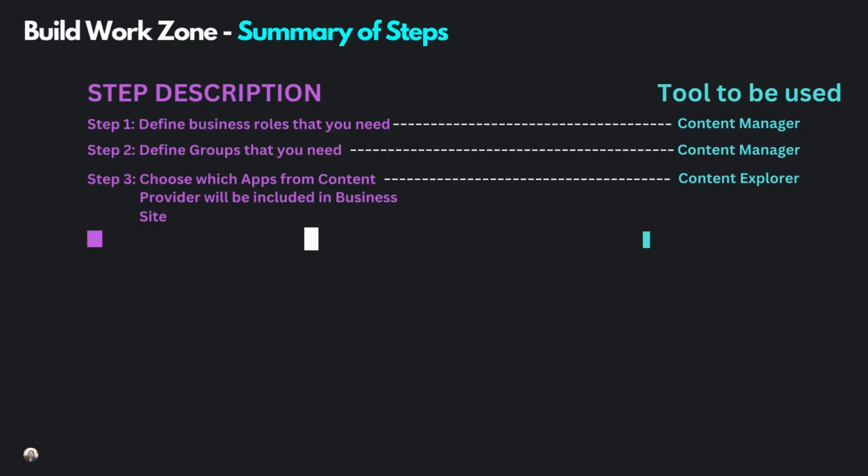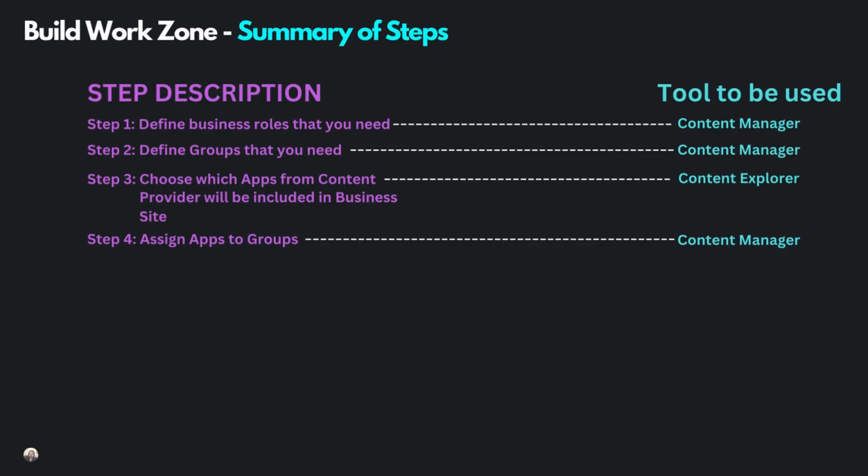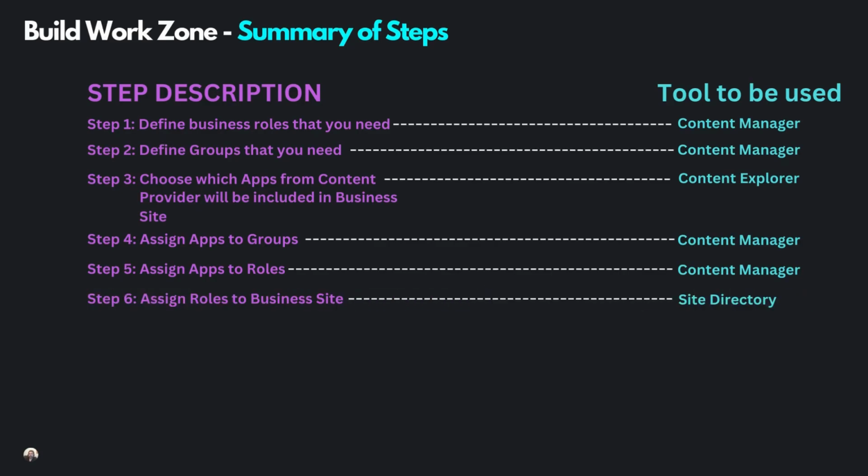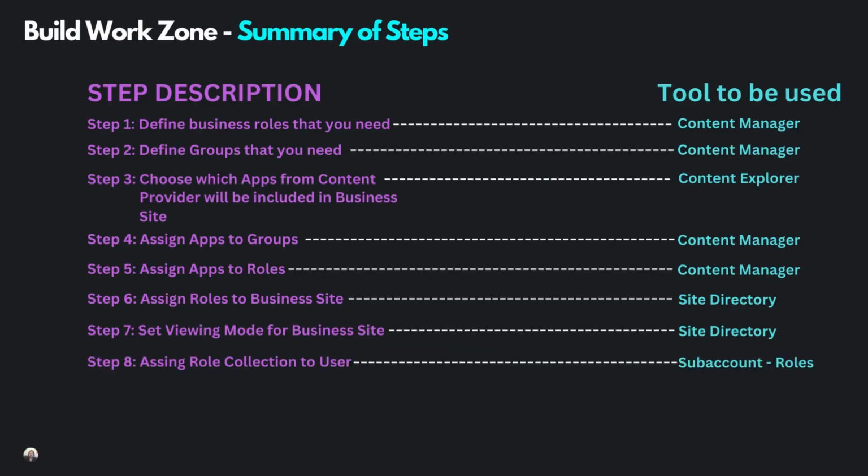Assign applications to the relevant groups in a logical fashion. Assign applications to their relevant roles. Assign the roles to your business sites within the site directory settings. Within the site settings itself, assign a viewing mode to the business site and finally assign role collections to your users.